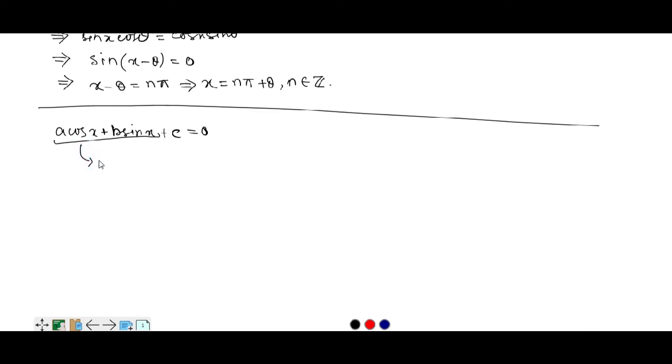We want to write it like r cos of x plus alpha or r sin of x plus alpha, any one of them. So how can we write that?